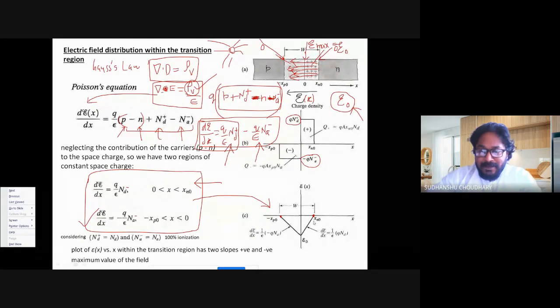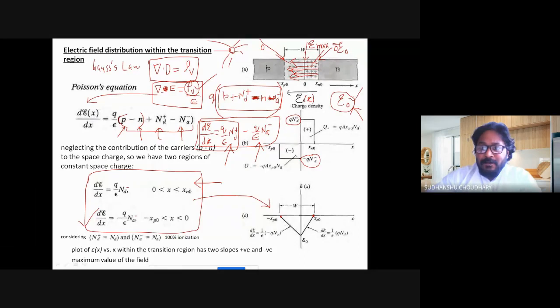Then one can mark E naught over here. In fact, we have not calculated E naught; we will calculate it mathematically, very soon. Let us say E naught has some value, and then we connect these points. So we have an electric field distribution profile inside this junction, which is actually triangular in form.